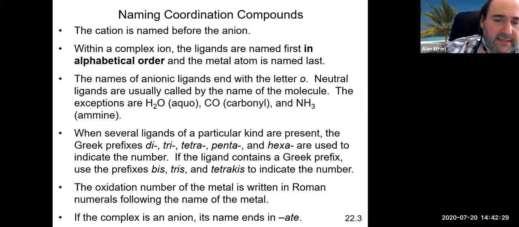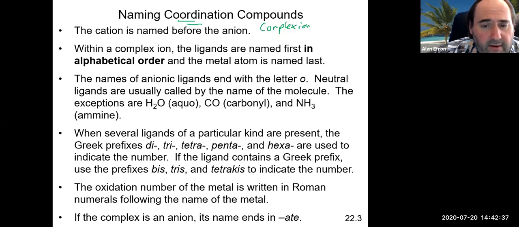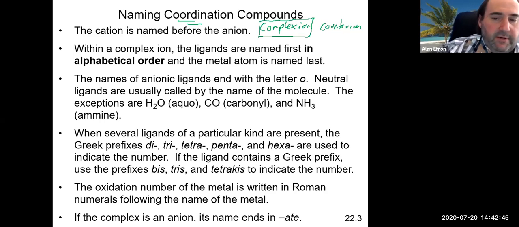So what this means is, as we've been talking about, there are basically two parts to these compounds: the complex ion and the counter ion. When you're naming the complex ion part, you put all the ligands in alphabetical order, regardless of the prefixes, just alphabetical order.